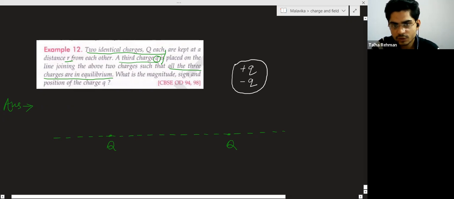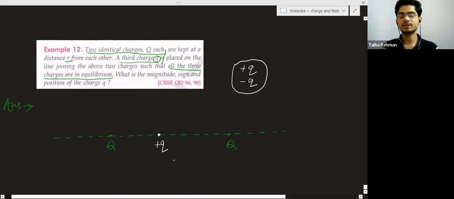So this is on your wish. Suppose I am choosing a charge plus Q and I am putting it somewhere here, I don't know the location. I am putting this charge in between these two charges. This is the point. This is plus Q charge.